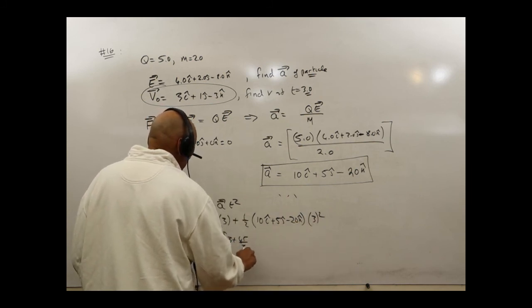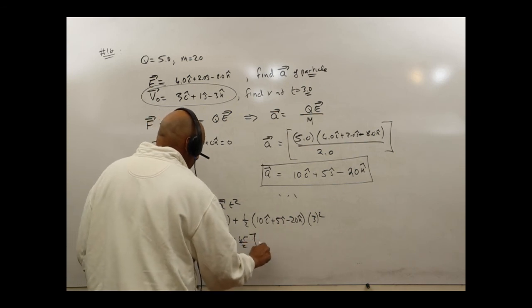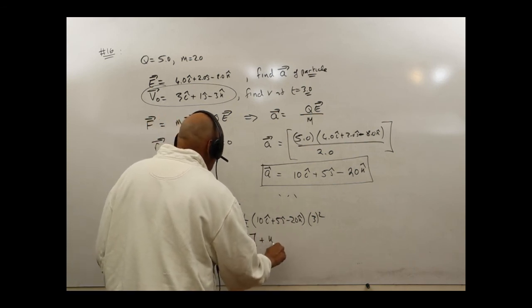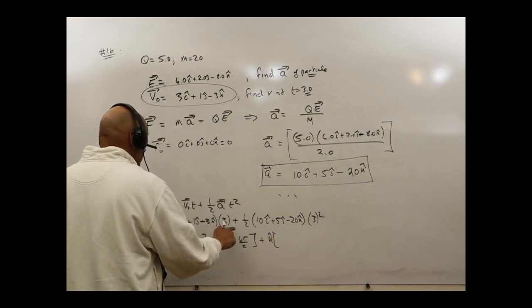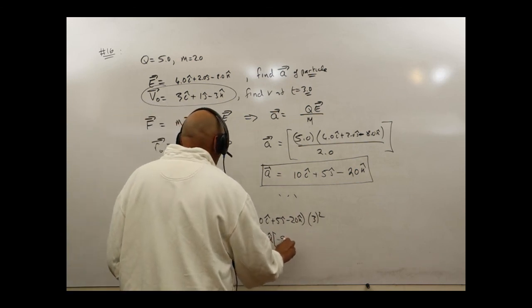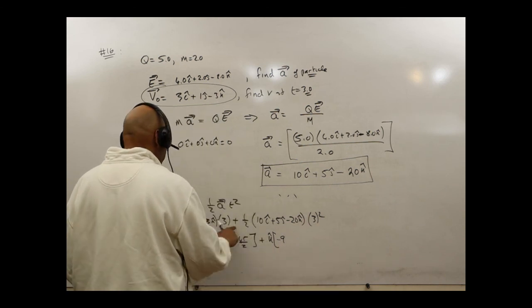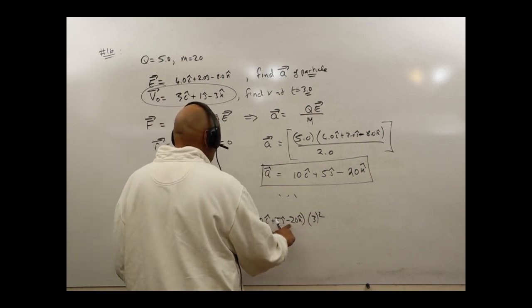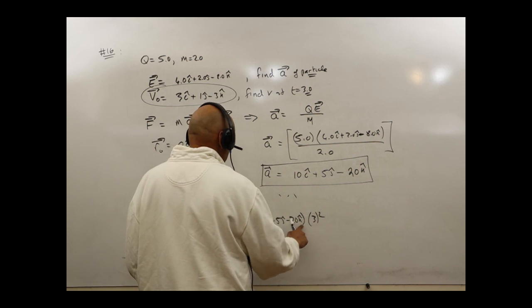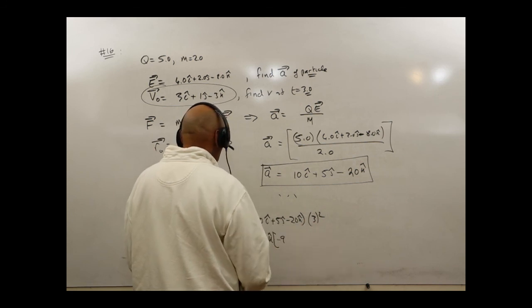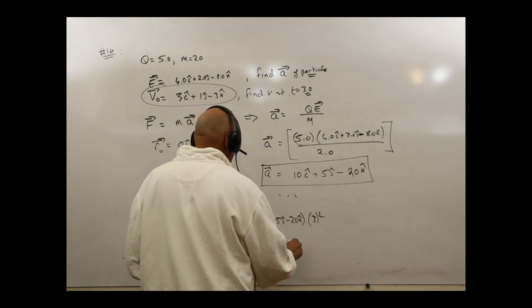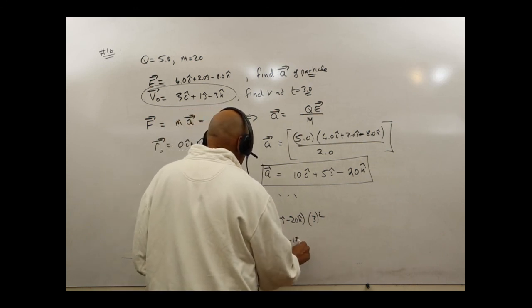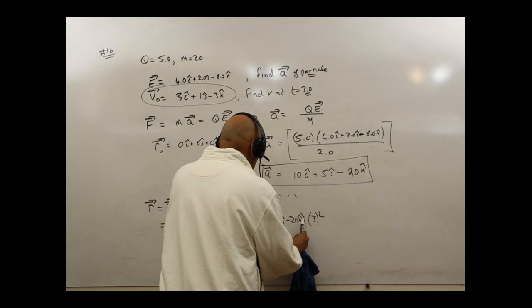I'm just going to say 45 divided by 2. And the k component is minus 3 times 9, so minus 9, and then minus 20 times 9, so 20 times 9 is 180, negative, divided by 2 is minus 90.